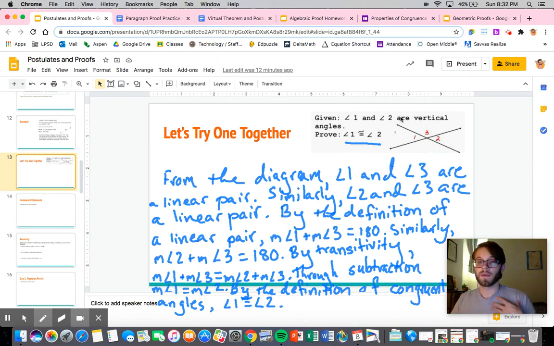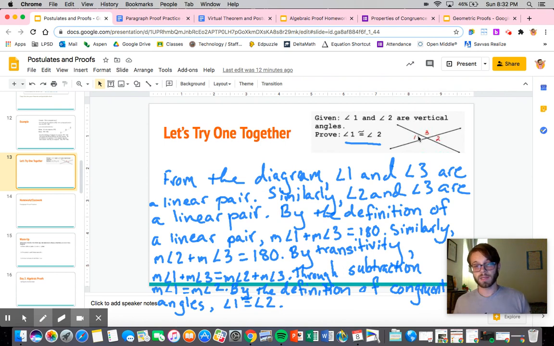I started with the fact that they were vertical angles. We knew that piece of information from the diagram. I used the information in the diagram to say that things were a linear pair, because you can use the information presented to you in the diagram. And then I logically walked through it, right? We said they were linear pairs, so what does that mean? That means they add up to 180. What does it mean when they both add up to 180? Well, we can just set them equal to each other.